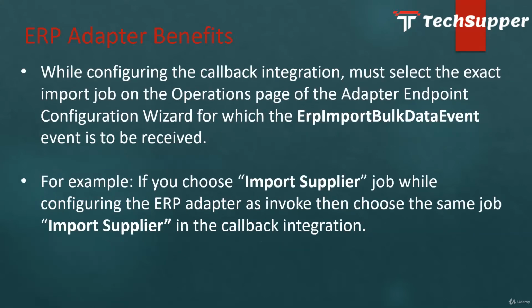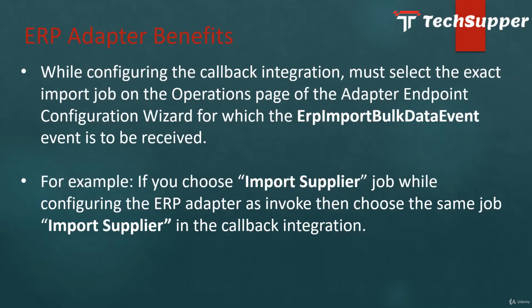While configuring the adapter as an invoke with the FBDI operation to upload the bulk data, and when you use the callback integration, you must select the exact import job on the operations page of the adapter endpoint configuration wizard for which the ERP import bulk data event is received.